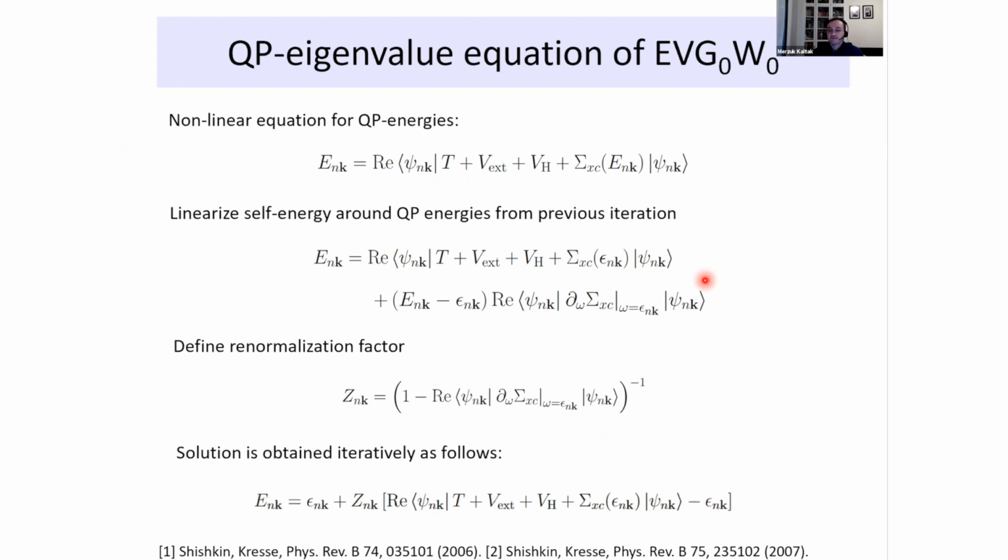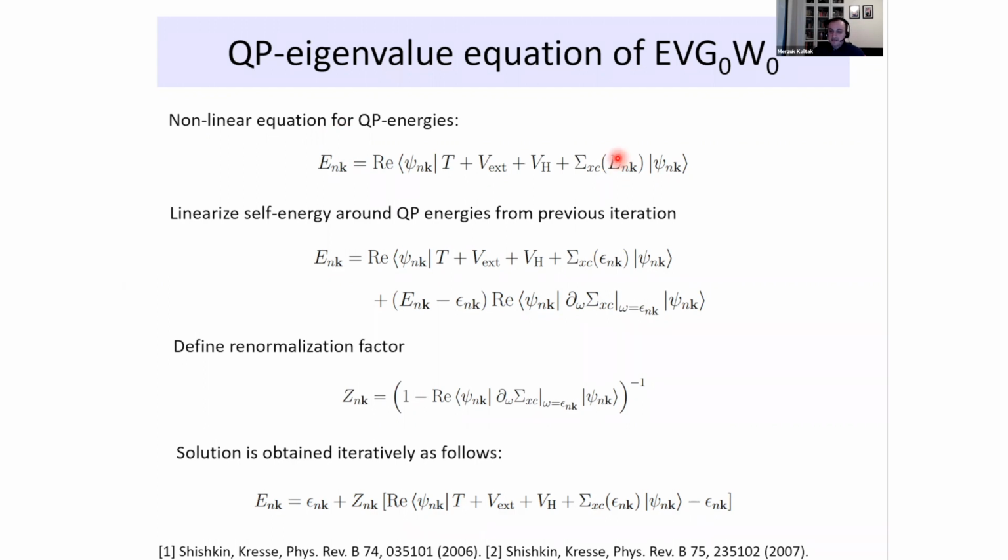This method focuses on the generalized eigenvalue for the quasi-particle energies. That one we have seen on the previous slide. And in this operator form, the locations of the pole in the Green's function are given by this expression. Now, the eigenvalues here appear on both sides of the equation. So we have here on the left-hand side and on the right-hand side the energies of the quasi-particles that we want to obtain.